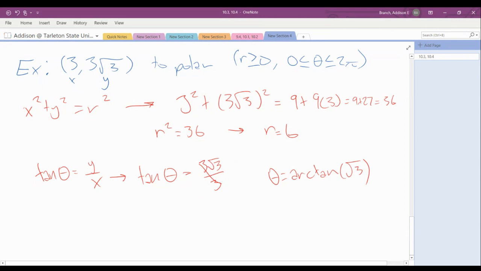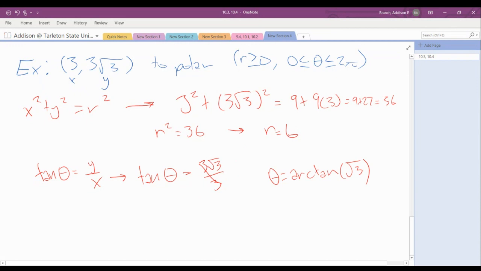And if we think about our trig chart, we know that the tangent of pi over 3 is square root of 3.